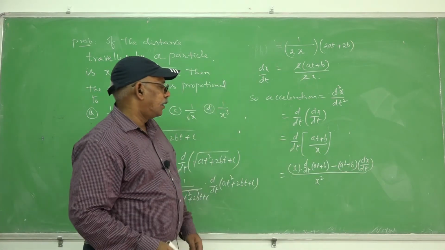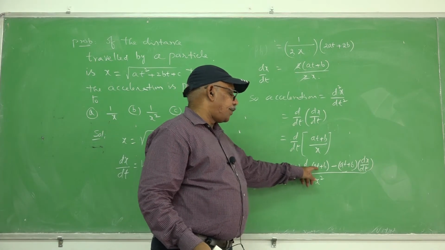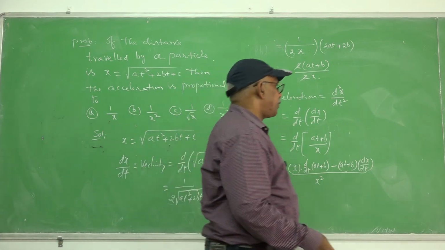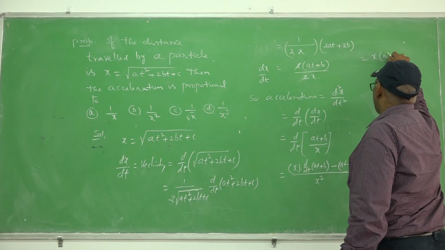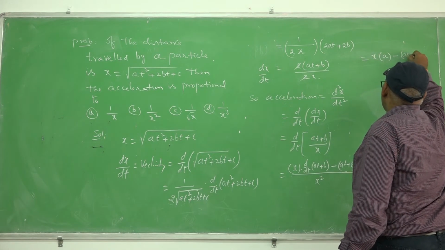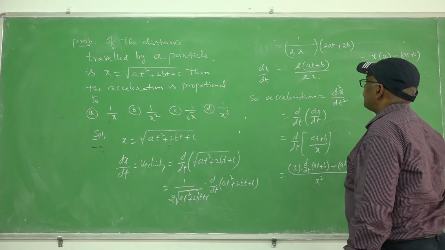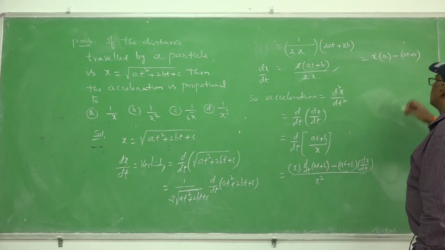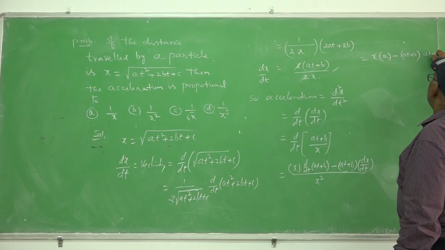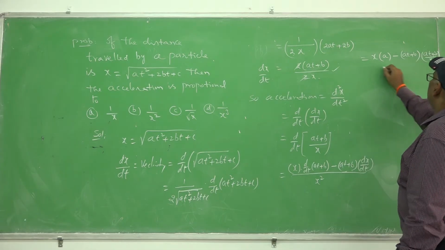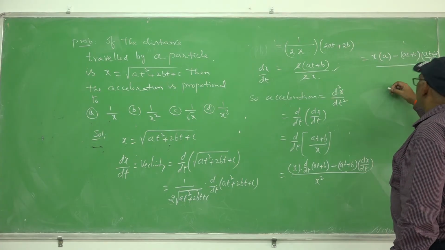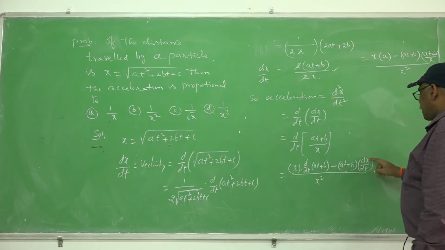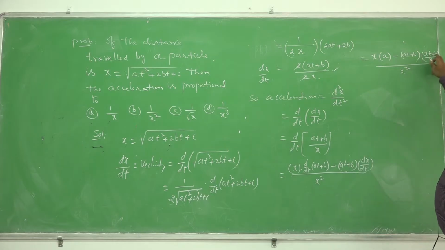So d by dt of at plus b is a itself, which is x into a minus of at plus b into dx by dt. Dx by dt is at plus b by x itself, by x square.